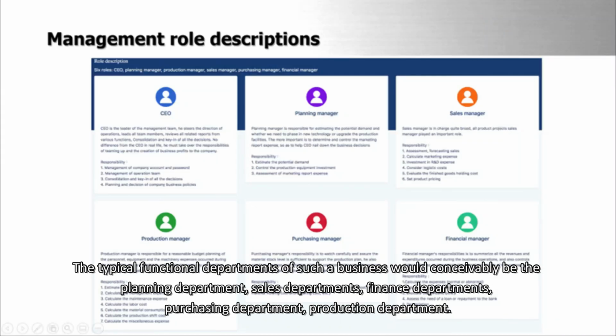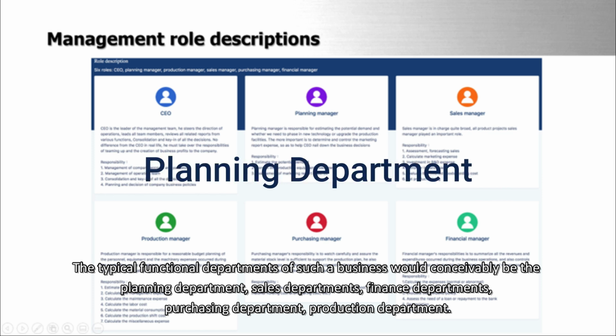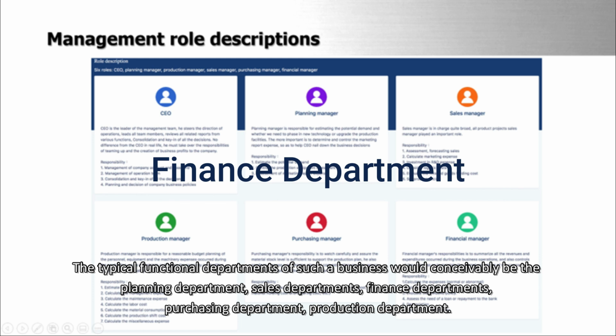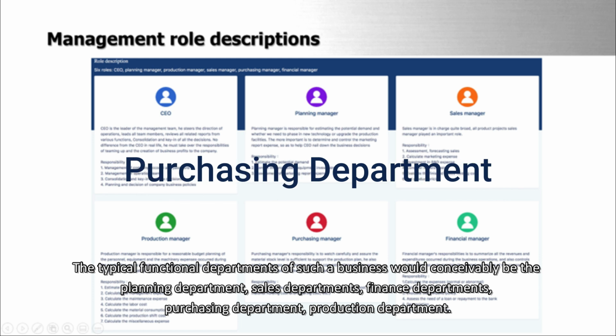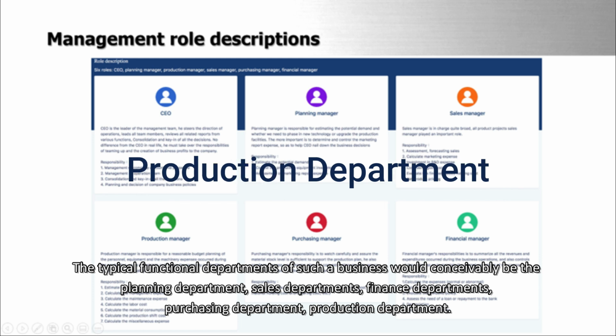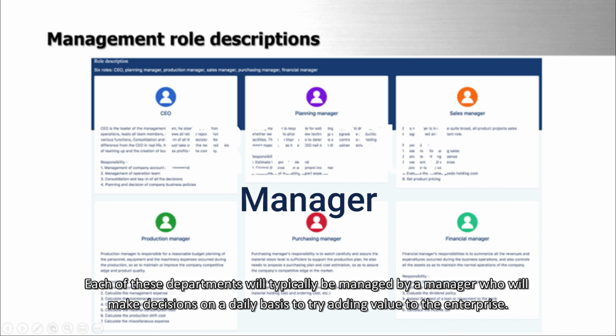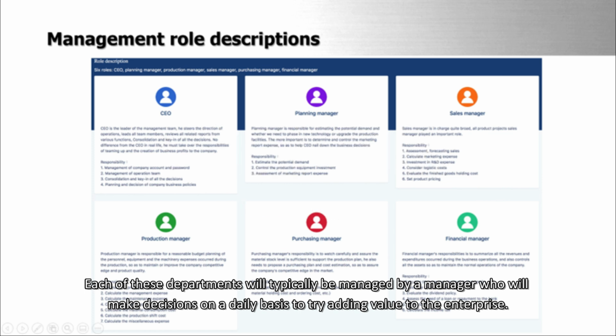The typical functional departments of such a business would conceivably be the planning department, sales department, finance department, purchasing department, production department. Each of these departments will typically be managed by a manager who will make decisions on a daily basis to try adding value to the enterprise.